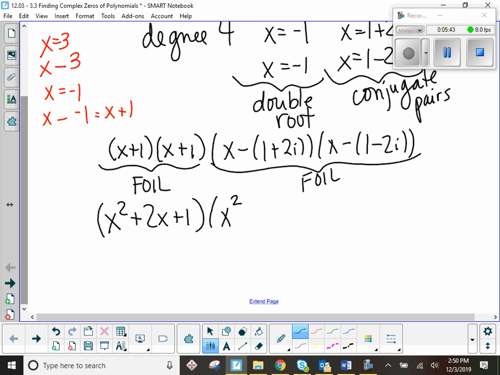This one's positive. This one's negative. So what's it going to be? Negative. And it's going to be x times the 1 minus 2i. We're just going to smush those together for right now, right? X times 1 minus 2i. We'll handle the math in a minute.